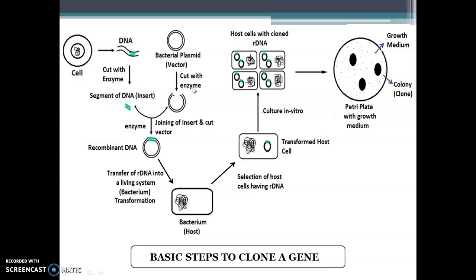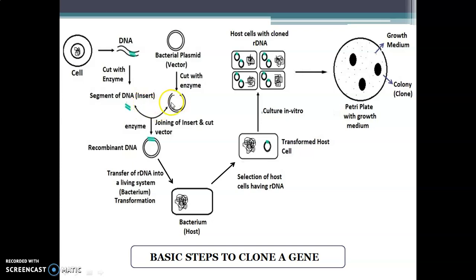Now what we do, we mix both the components, that is your gene of interest and opened vector, and we provide such a situation, we provide certain chemicals, we provide certain enzymes so as to allow that DNA to become inserted, to become joined with the vector.